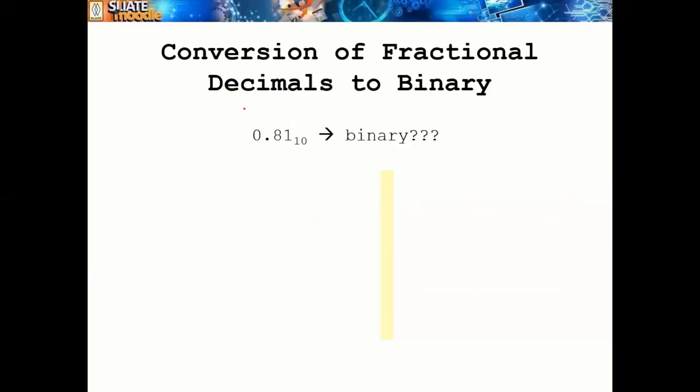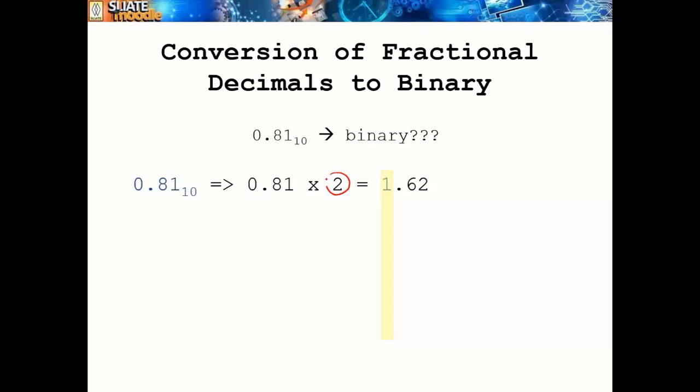Now we are going to convert fractional decimals to binary. So what we want to do is convert 0.81 with base 10 to binary. So how do we do that? So 0.81 multiplied by 2.